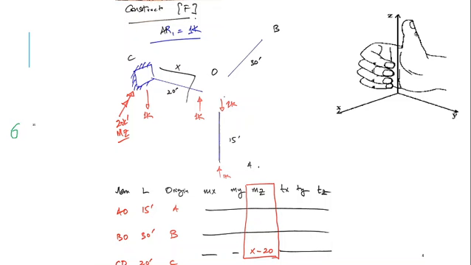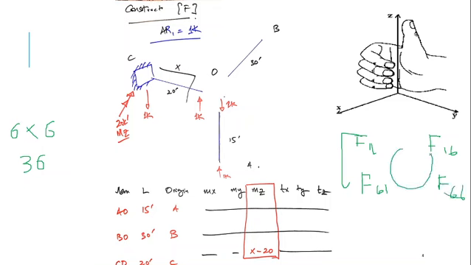It means the order of the flexibility matrix would be 6 into 6, so there would be 36 terms, starting from F11, moving up to F16, then F61, and finally F66. So this would be full with 36 terms.